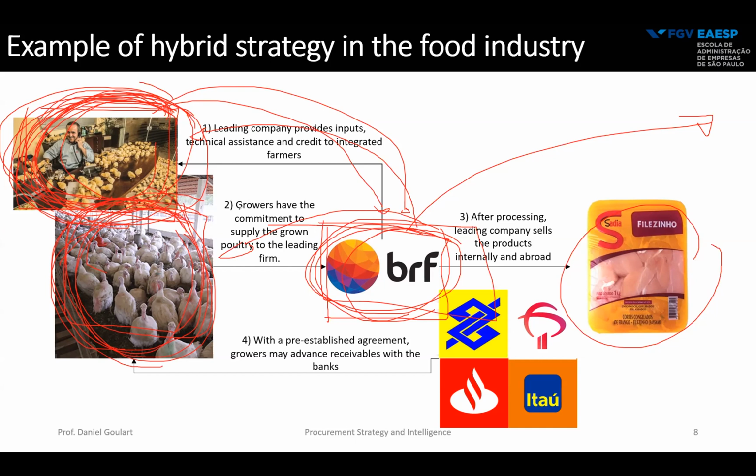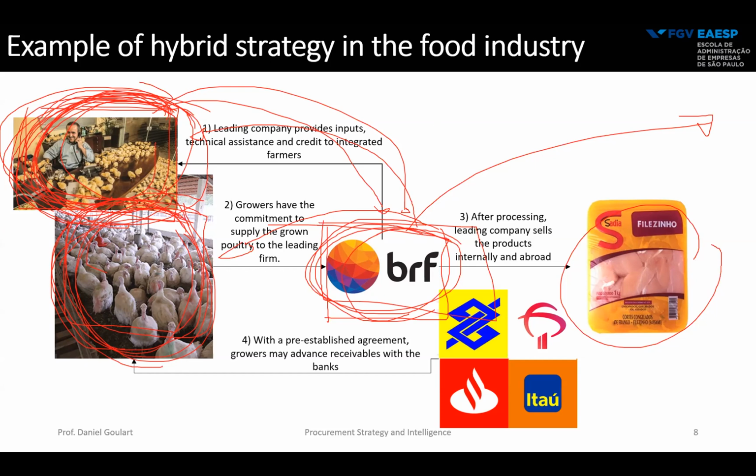BRF has a long-term contract with those suppliers. Apple has a long-term contract with the supplier. And what they do? They provide payment in advance to those suppliers. This is credit at the end of the day. And when you provide payment in advance to the suppliers, they have the commitment to pay for these advanced payments through products. Okay?